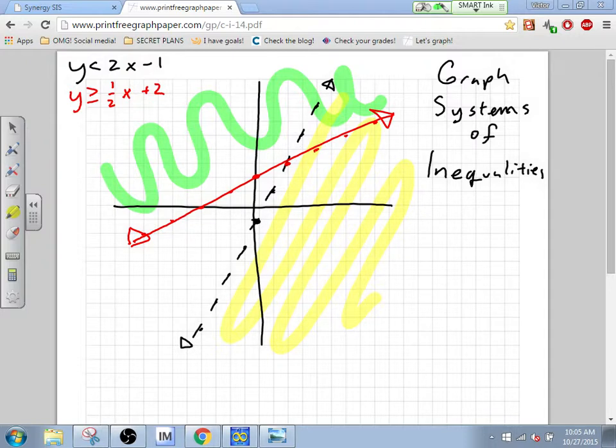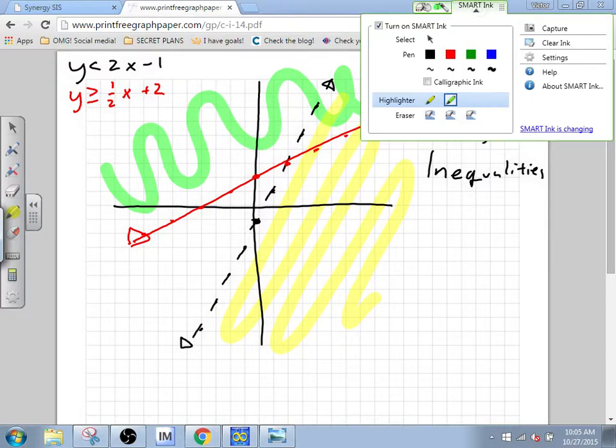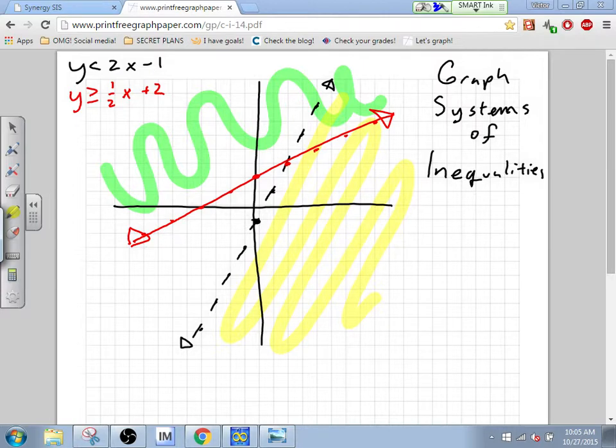So here's the question. What's the answer to the system? In this case, the answer to the system, do it in blue, is going to be this little sliver right here, right? This is where they're both shaded at the same time, where it's both green and yellow.